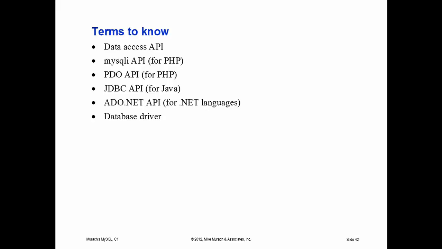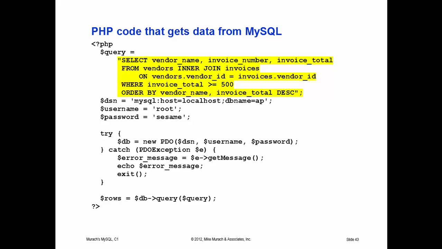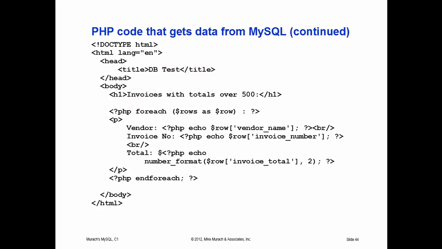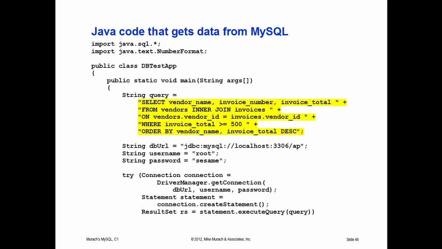PDO stands for PHP Data Objects. JDBC stands for Java Database Connectivity. And ADO right there that you see is ActiveX Data Objects. Do you have to know that for this class? Not in the least. They show you a PHP example. I don't want to run through that. Java example, I'm not going to run through that.